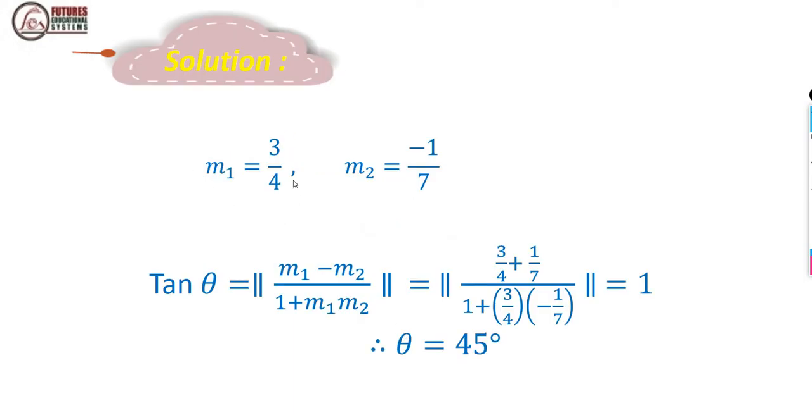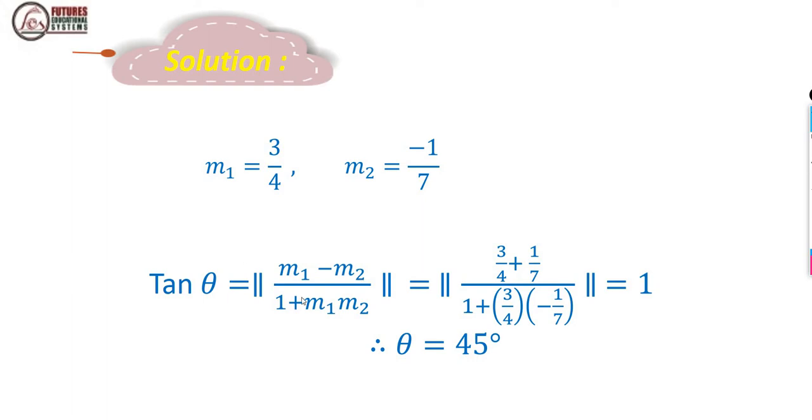The slope of the first equation equals 3 over 4, and the slope of the second equation equals negative 1 over 7. Direct substitution by the rule: tan theta equals m1 minus m2 over 1 plus m1 m2, equals the first slope minus the second slope over 1 plus the first slope times the second slope, equals 1.